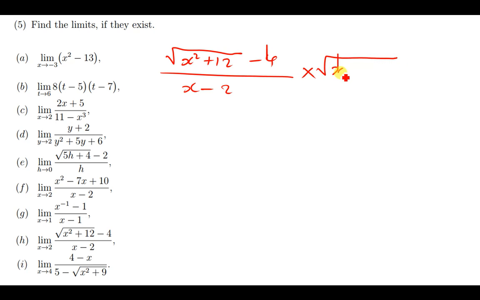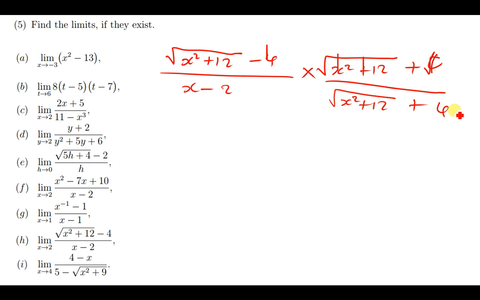So I have the square root of x squared plus 12. Then we change the sign there. This is 4. And then everything divided by the square root of x squared plus 12, then plus 4. So when I multiply this and that, I'm going to have this first times the first term there. I'm going to get x squared plus 12 as the answer.